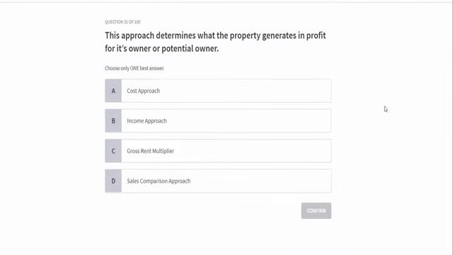This approach determines what the property generates in profit for its owner or potential owner. Is it A, the cost approach, B, the income approach, C, the gross rent multiplier, or D, the sales comparison approach? So come up with your answer on this one, starting now.